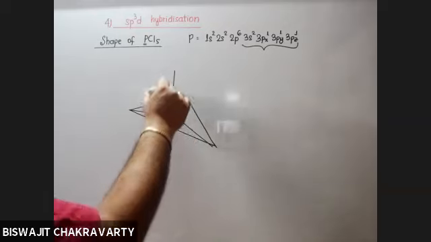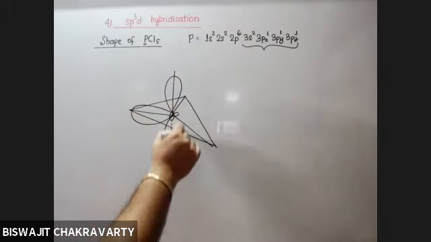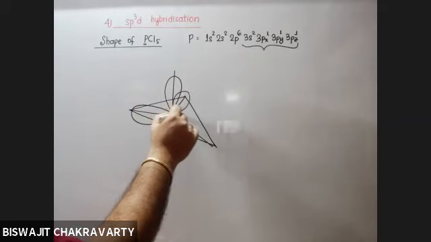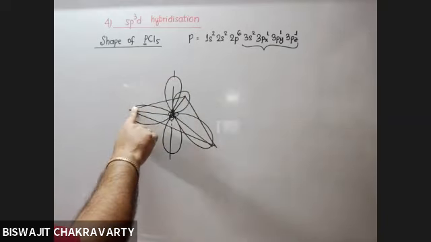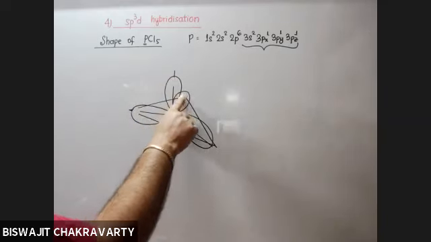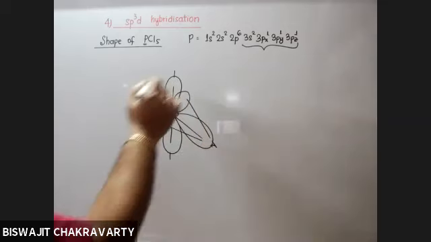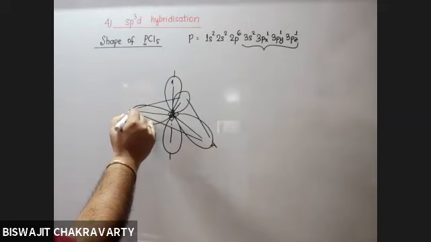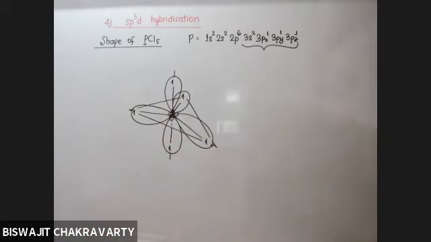So along these 5 lines, you put in the hybrid orbitals, all of which have equal shapes, and all of them have 1 unpaired electron each, as phosphorus has 5 unpaired electrons.